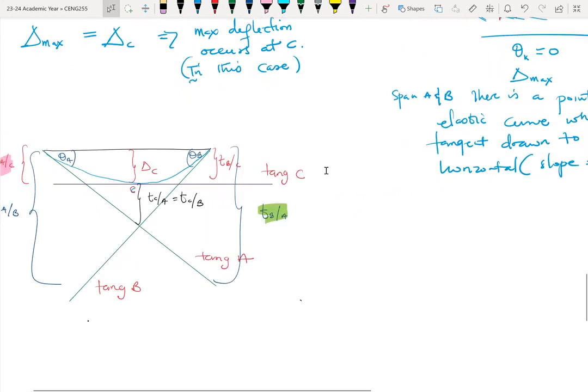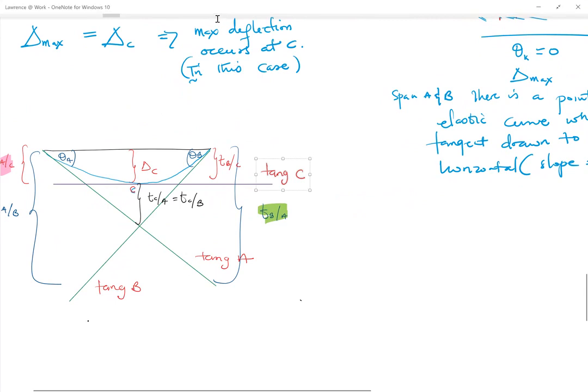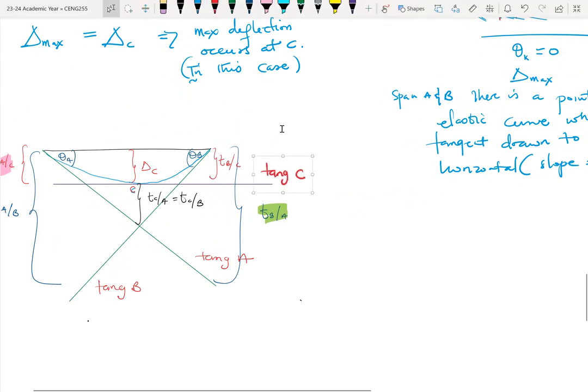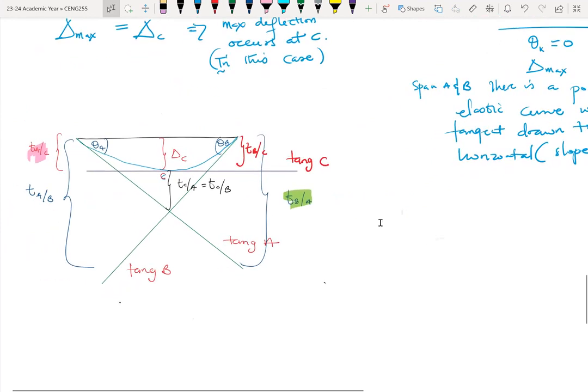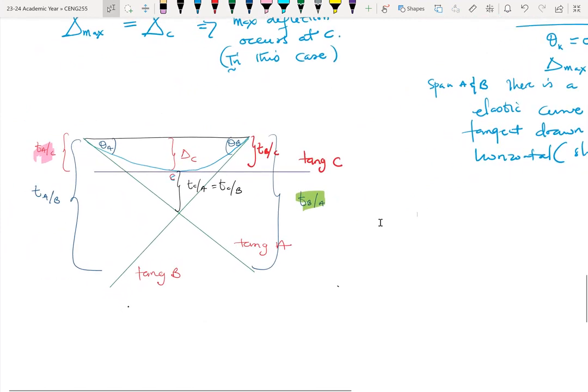I'm just trying to increase the sizes of some of the parameters so that they look nice to see. Okay. So here I have tangents drawn from A, B, and C. So here is a tangent from B. Okay, now this looks better.